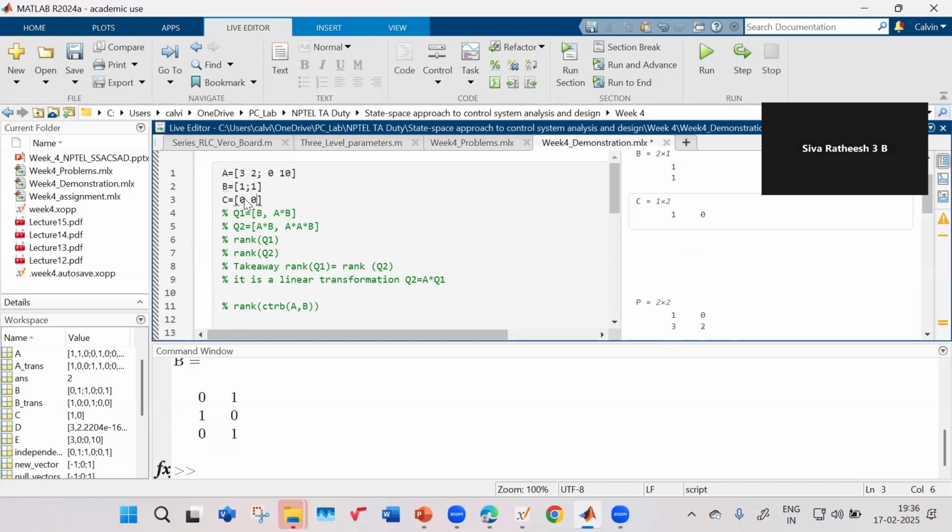If I only sense state x2 and not state x1, what will happen then? Right? In this case, it is not possible for me to do that. That is, if I am only sensing x2, I cannot find what x1 was earlier. Okay, but if I sense x1, I can find what x2 was, right? So that's the point I want to highlight over here.